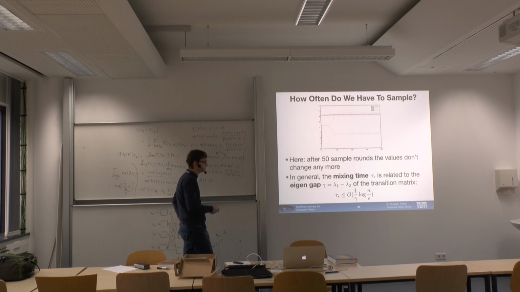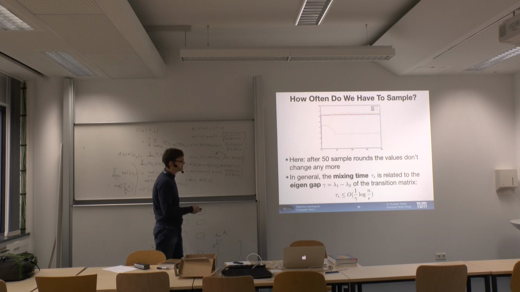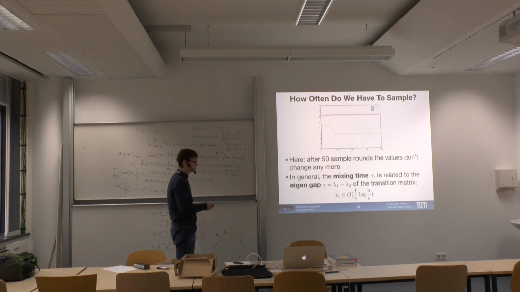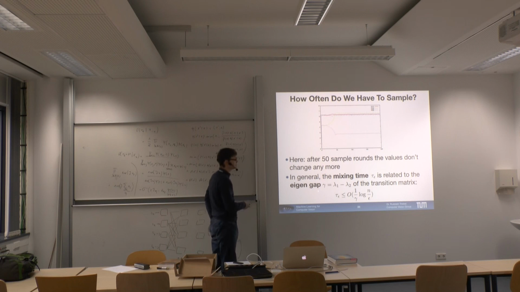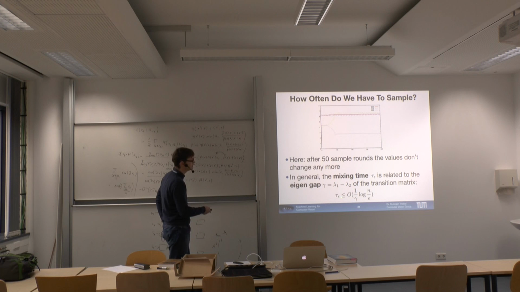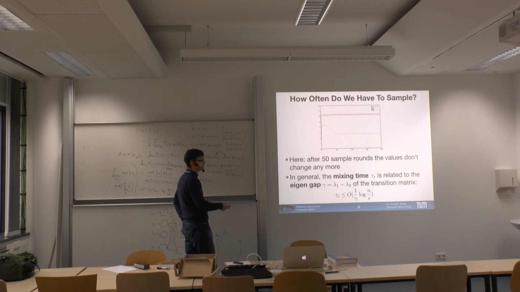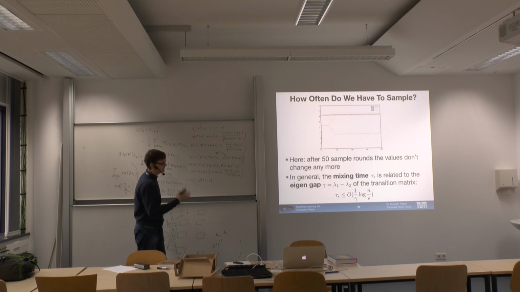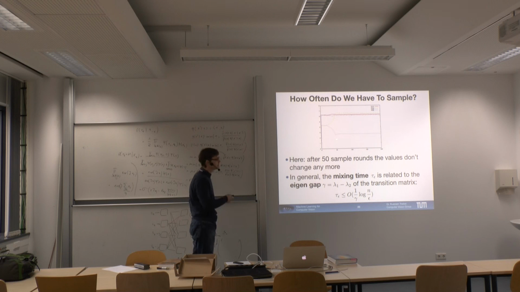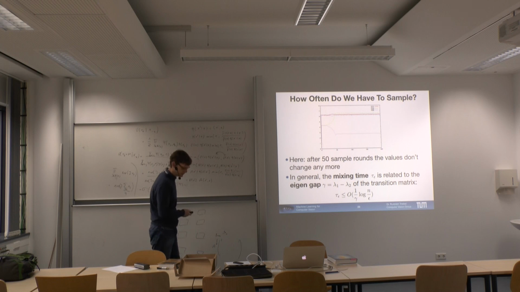So what you can do is you can compute the eigenvalues of the transition matrix and then look at the first 2, and gamma is the distance between these first 2, and then there's a theorem that says this mixing time, the time that you need to sample at least, is not more than this expression here, right? This is just to have an estimate of how long you have to wait until you have a stable distribution here, once you have your transition matrix given.